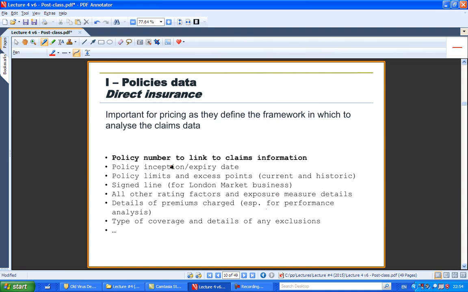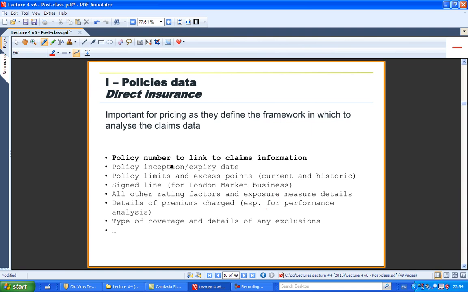Now, policy data can be different depending on whether we're talking about personal insurance, commercial insurance, or reinsurance. In the simplest case, which is commercial lines insurance, we normally have one policy, and therefore the information that we need is quite basic. When it starts, when it ends, what's the deductible, what's the limit, and a number of other bits of information.